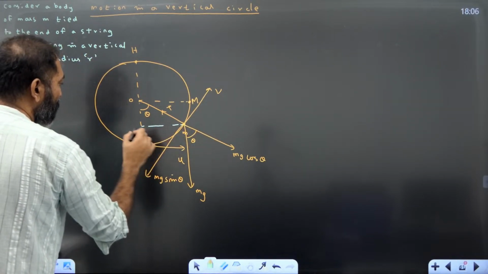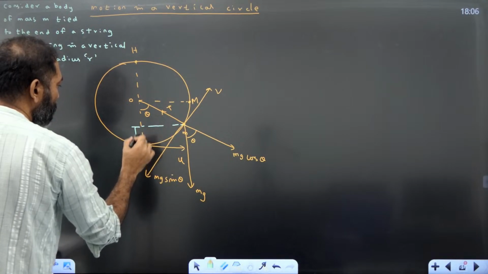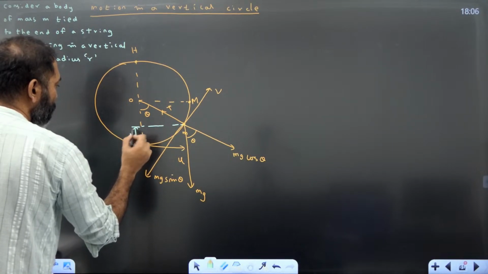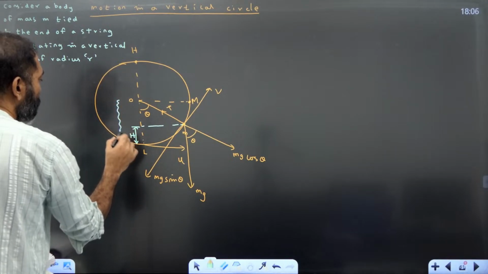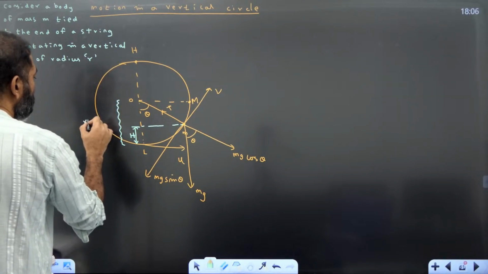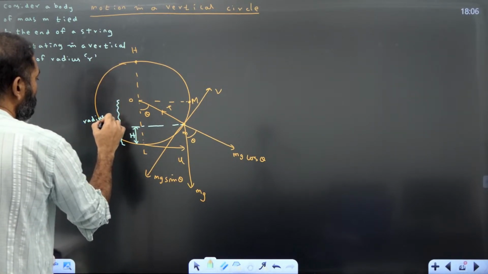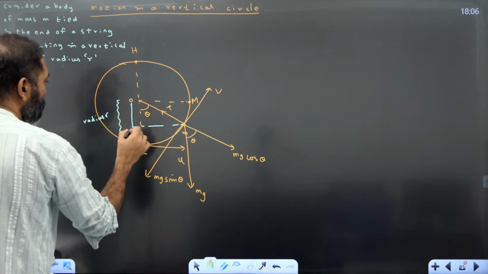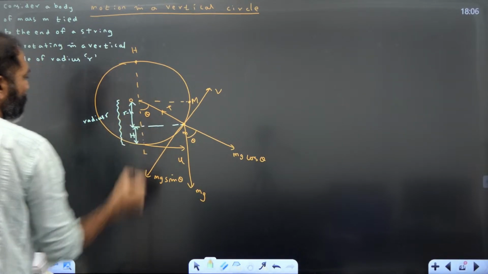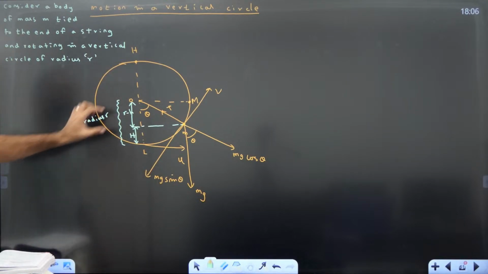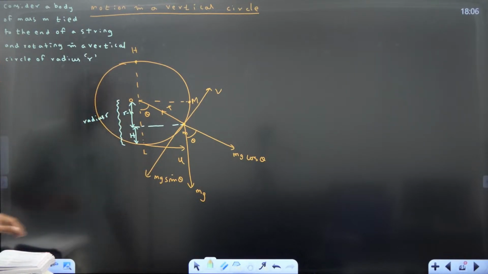And the wall distance, this will be radius r. So what will be this height? This height will be R minus h. This will be height h.